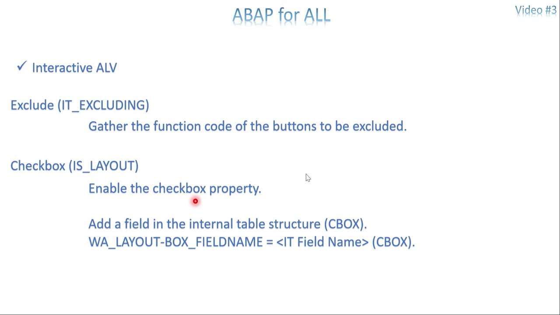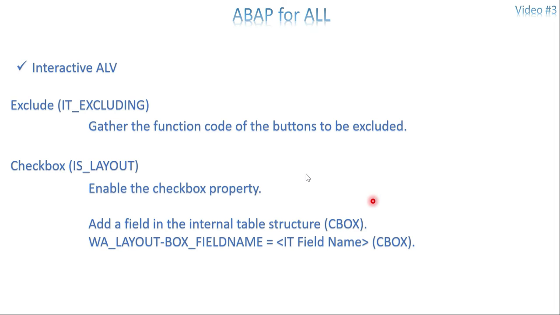You don't have to create it. It's already available as a property of your ALV, which is nothing but IS_LAYOUT. Here, the first step is you have to add a field in your internal table structure, because again ALV is a representation of your internal table, nothing much.